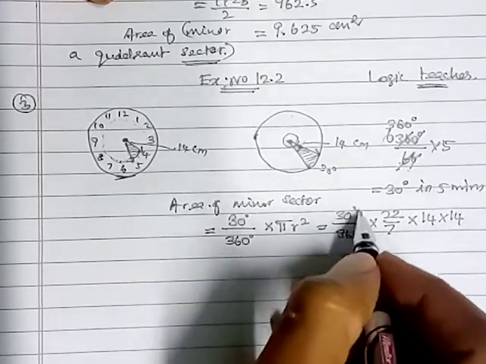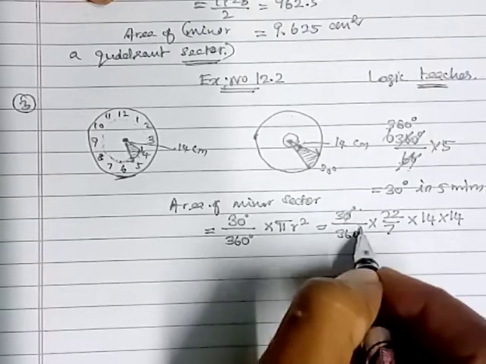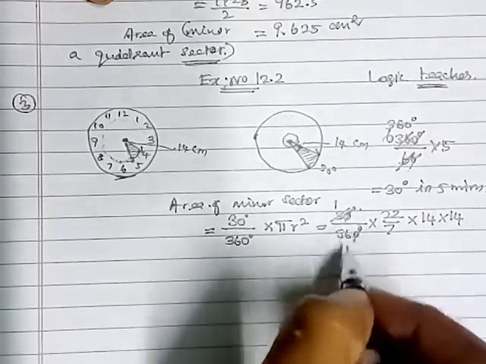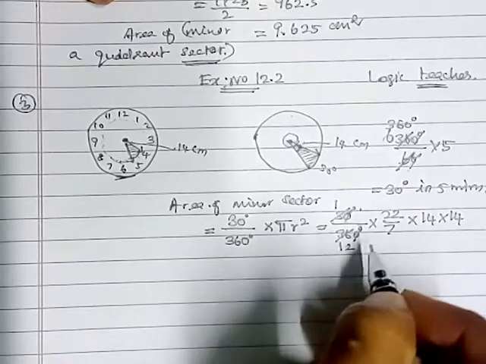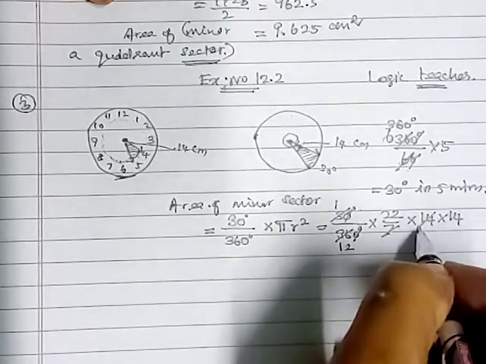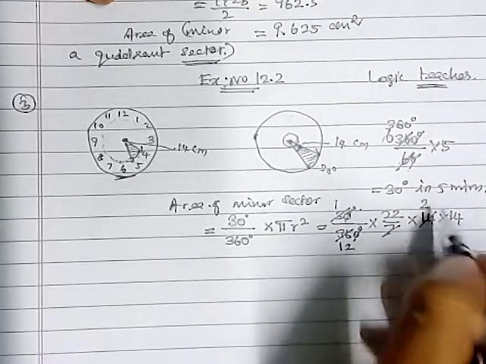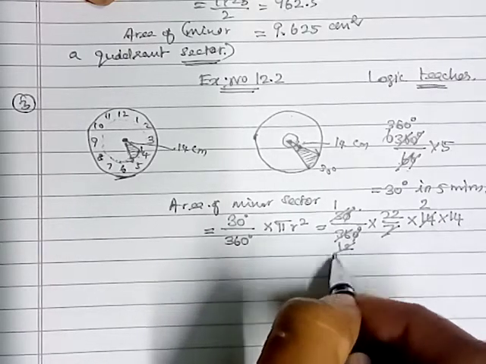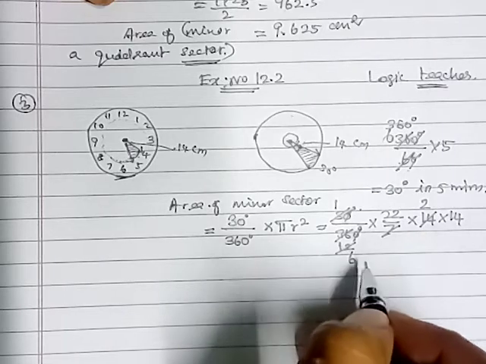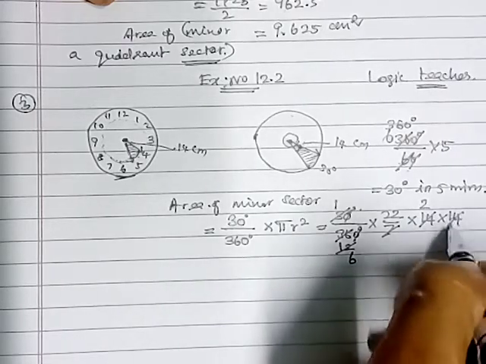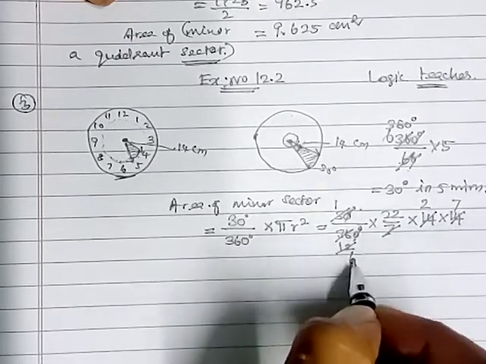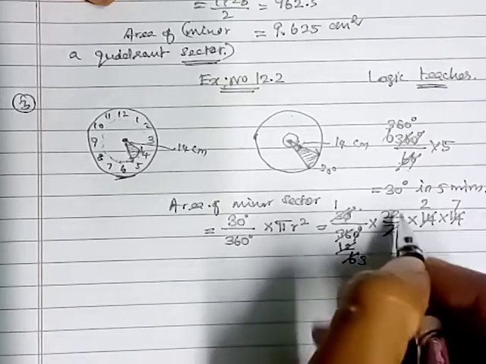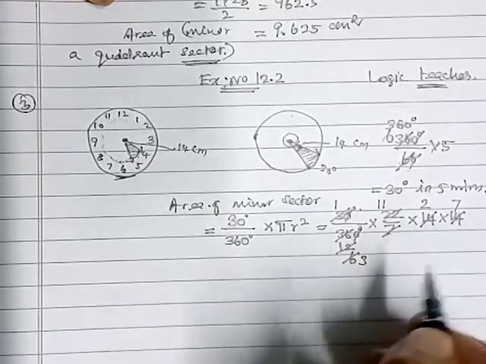We can cancel this, 0 0 cancel, and 1 3 is 3, 12 3s are 36, 7 into 14, this is 2 7s are 14. Here we have 12 can be divided by 2 and 6, this can be 7, right? Again this is 6, can be 3, can be 11, right?